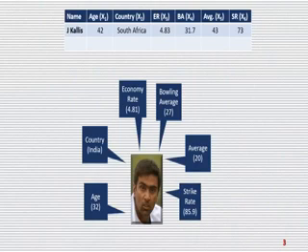Age is 32, country is India, economy is 4.81, bowling average is 27, batting average is 20 and strike rate is 85.9. This way the values are getting populated.